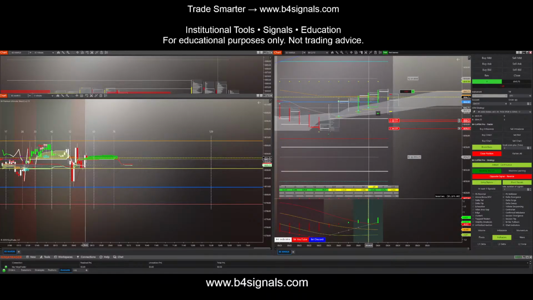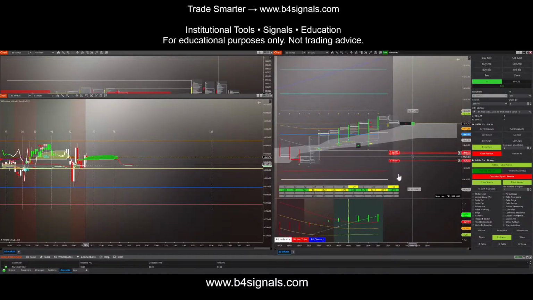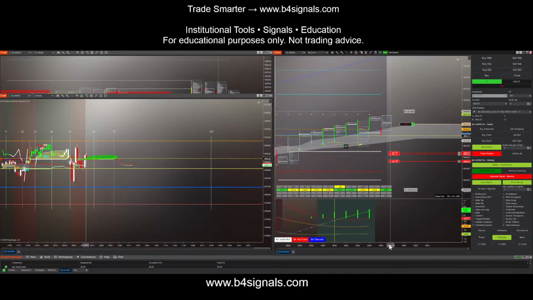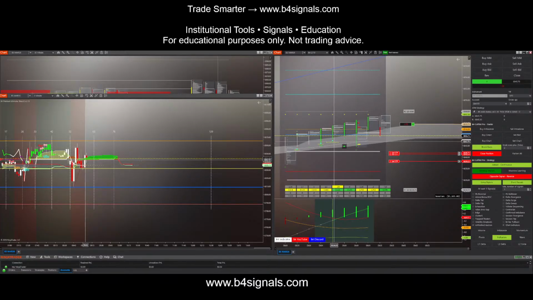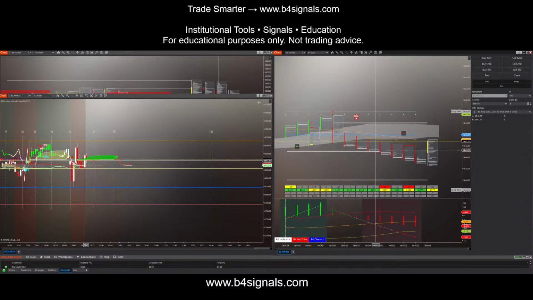Doing some forward testing with that today. Been doing it last night. Stop filled. Just a couple number theories in the market.